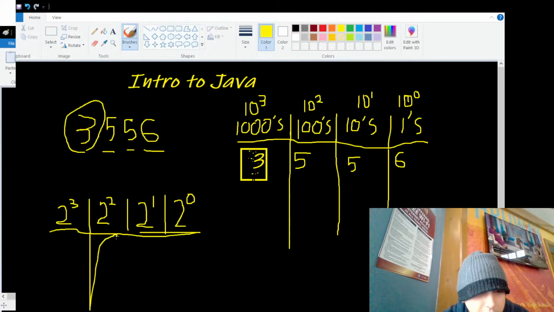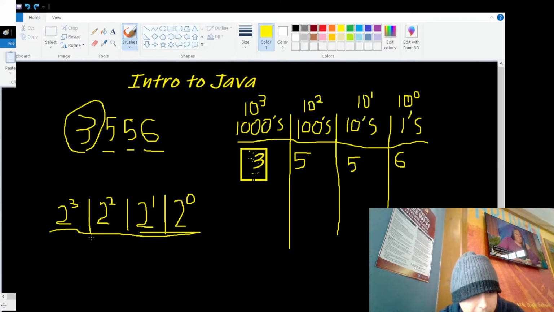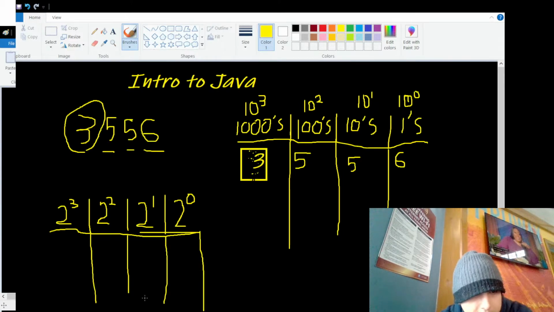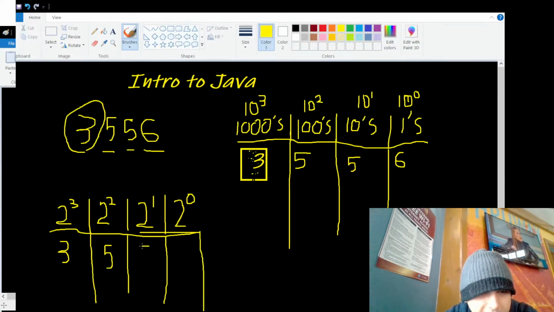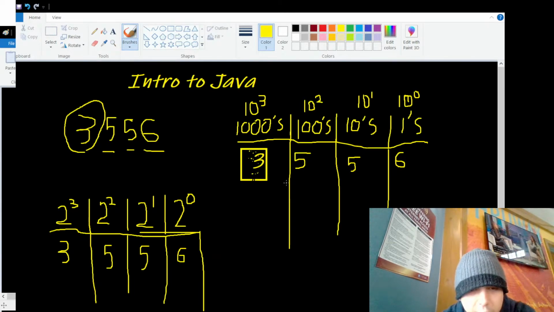So let's try to represent numbers in the binary system. Let's say we're going to represent the same kind of number, 3,556.